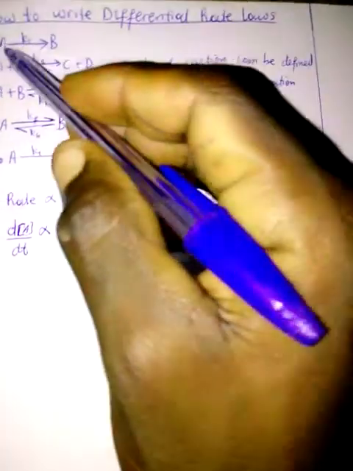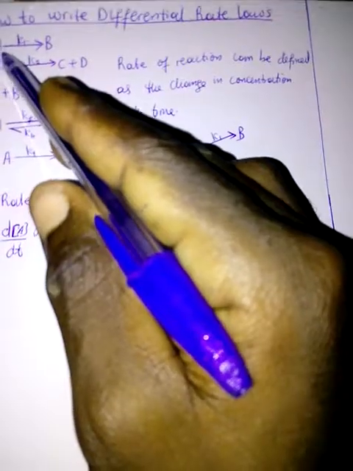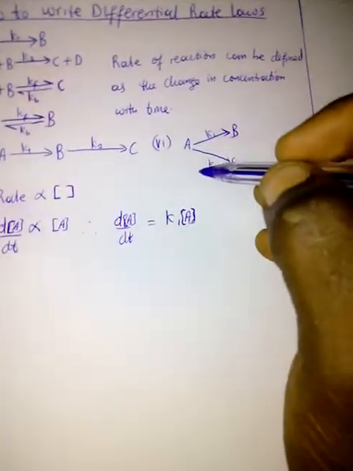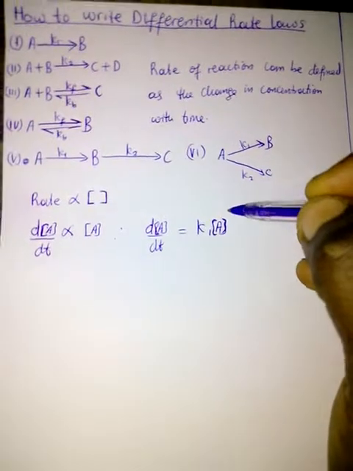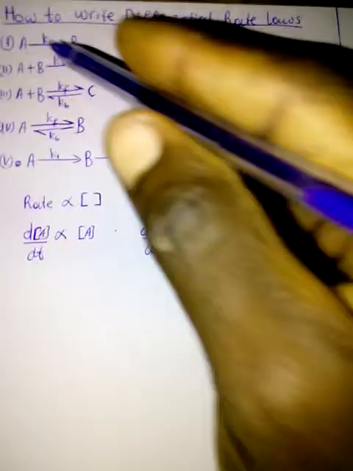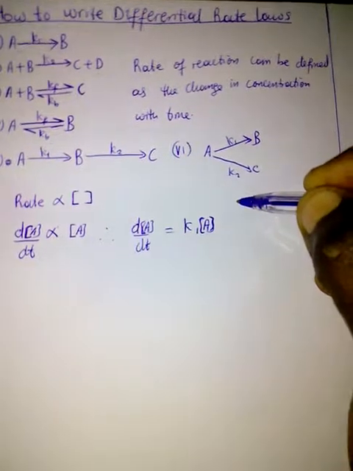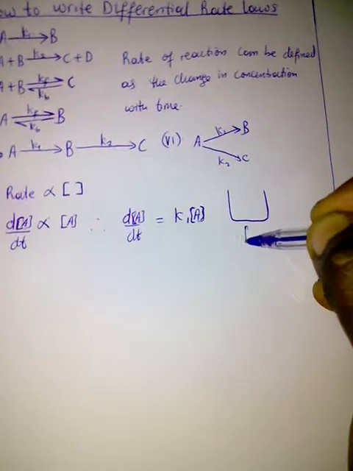But here we are writing our rate in terms of A, which is our reactant. And since A is decreasing with time, let me give an example here. We have a cup of water that is being heated.